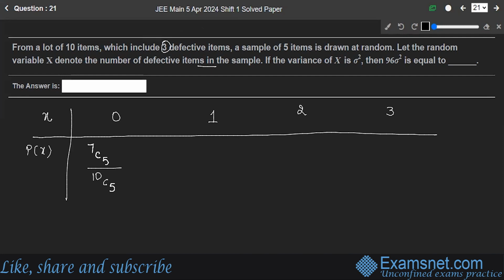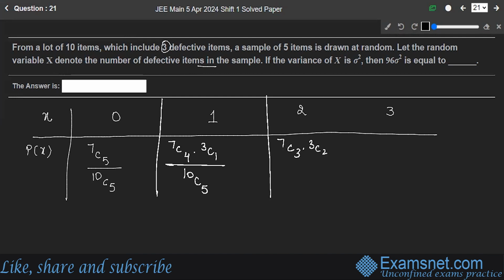This gives me, on solving, okay, I'll solve that later. First of all, let's write down. Now, for example, 1 defective item is selected. This gives me that out of 7 correct items, 4 are selected, and out of 3 defective, 1 is selected. Now the total 10, 5 are selected from 10. Similarly, over here, this will be 7C3 into 3C2 divided by 10C5.